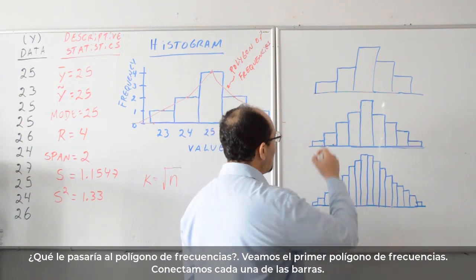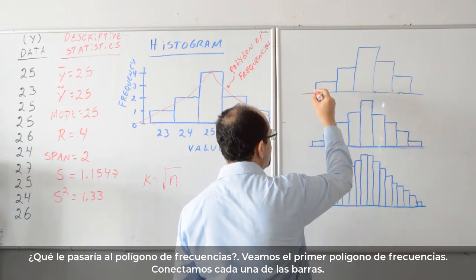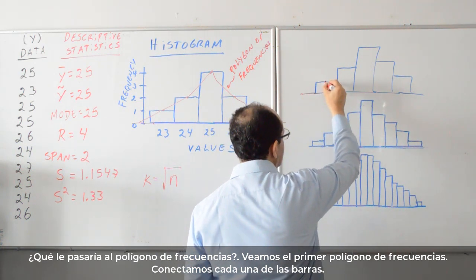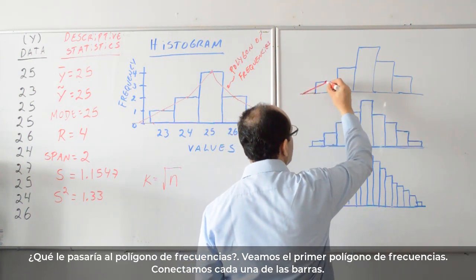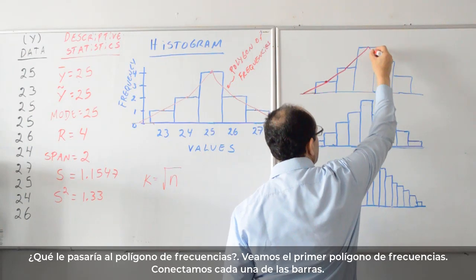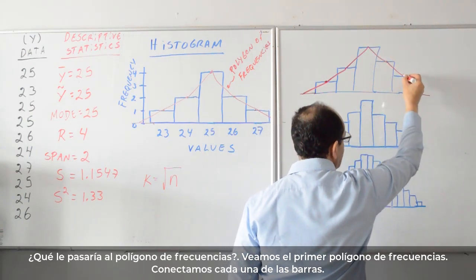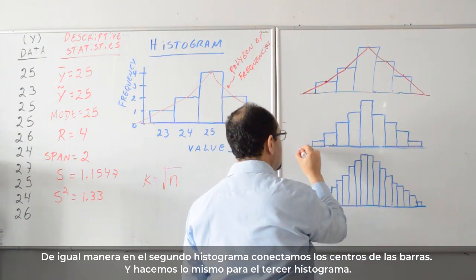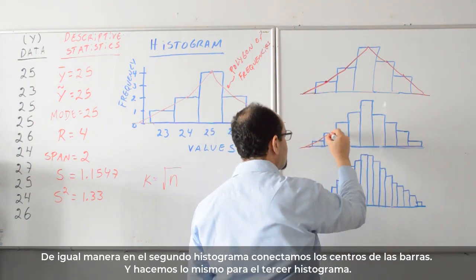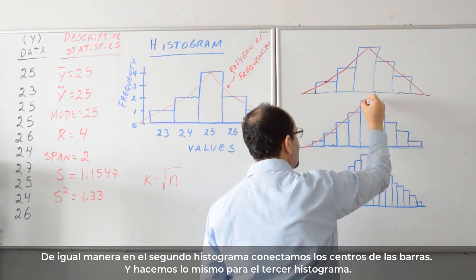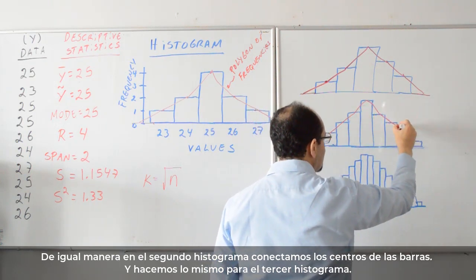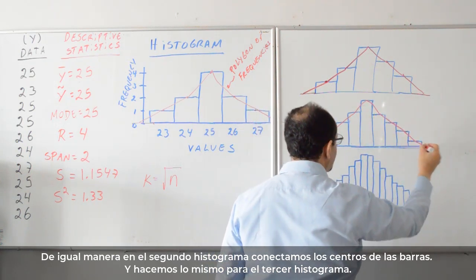Therefore, what will happen to the polygon of frequencies? Well, let's take a look at the first polygon of frequencies. Here we connect, and also one additional bar, we connect. If we do the same here, connect each of the centers of the bars.